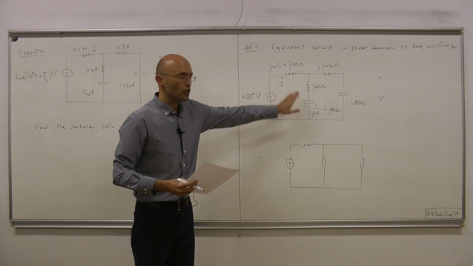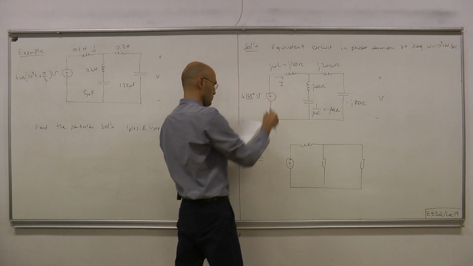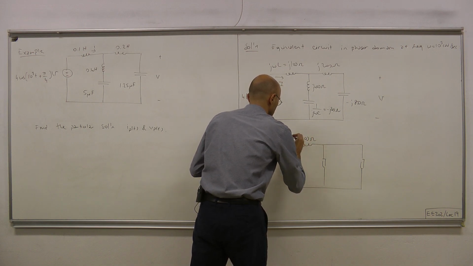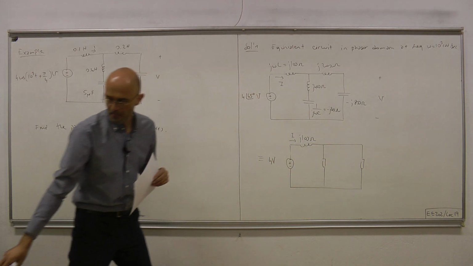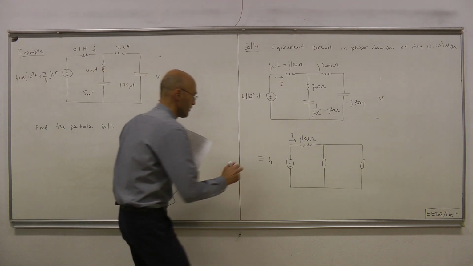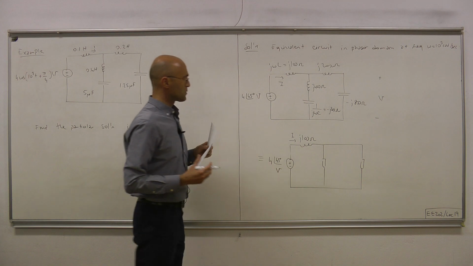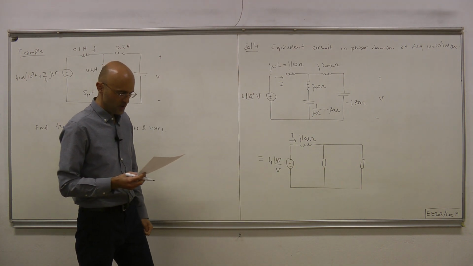From the circuit obtain the following equivalent circuit, at least from the current point of view. Here we have J 100 ohms. This is the current that we are after. This is our input voltage, 45 degrees volts, and here we have two impedances, Z1 and Z2.